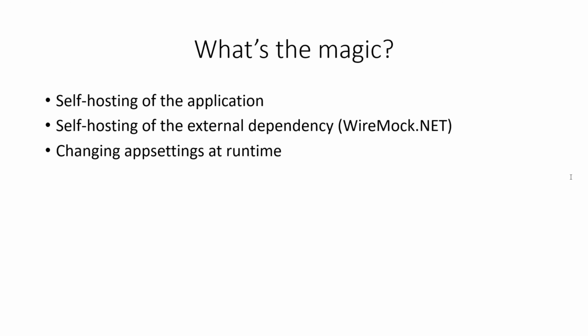Self-hosting is like hosting the application in itself. So you don't need IIS, you don't even need to start the application from the integration test. The application is hosted, and self-hosting is done with the application itself, together with the external dependency.